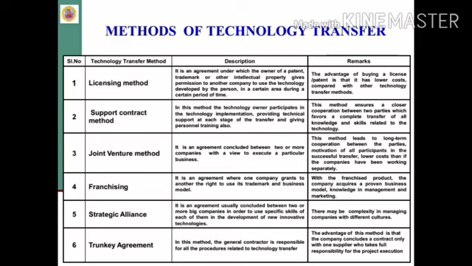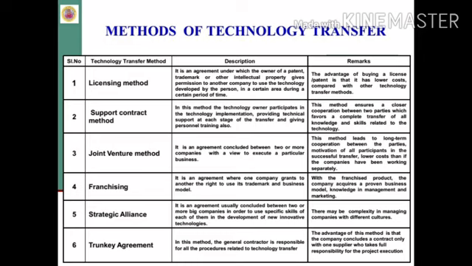Next one is the equipment acquisition method, management contract method, foreign company acquisition method, direct foreign investments, buyback contract method, and original equipment manufacturer method. Now I am trying to explain one by one.